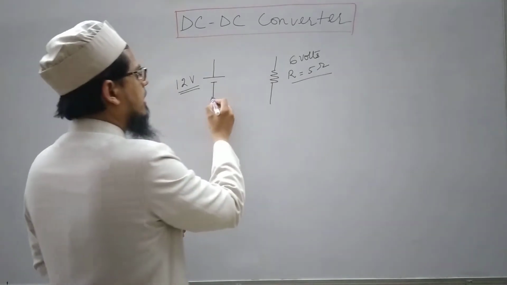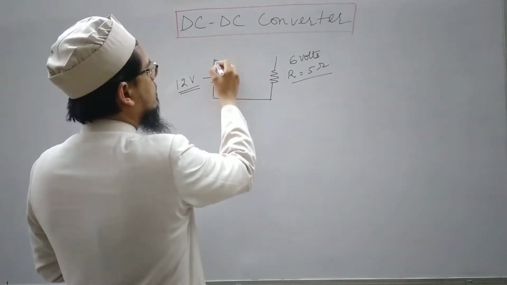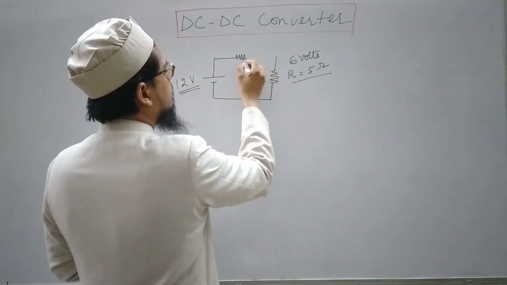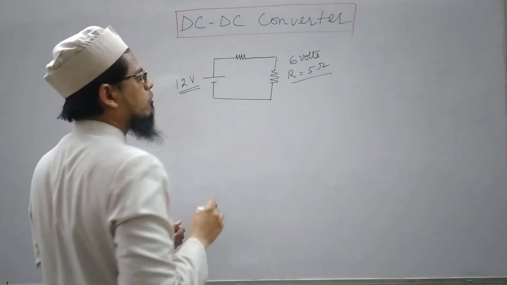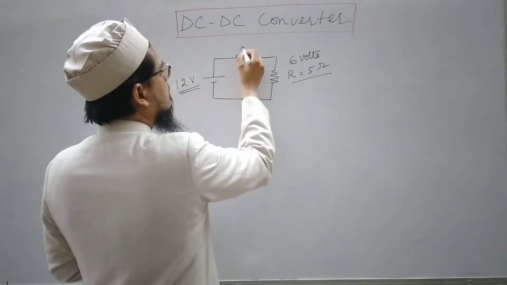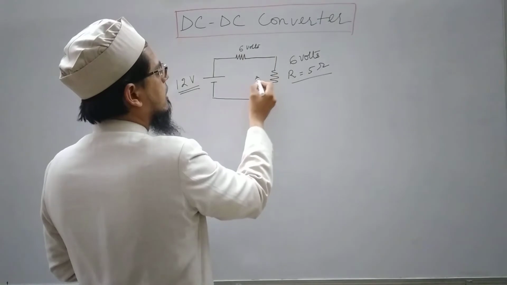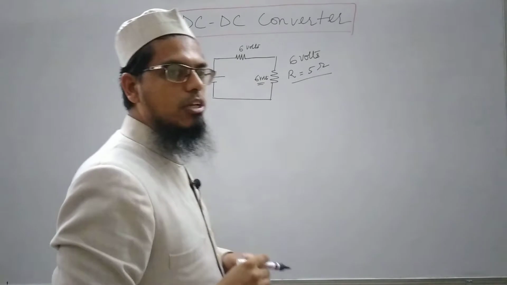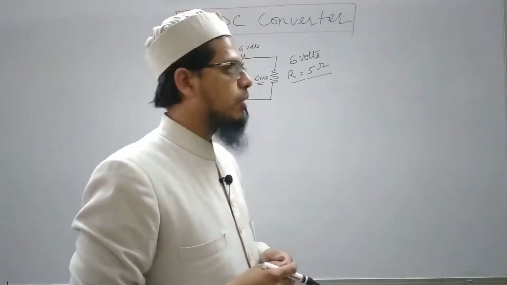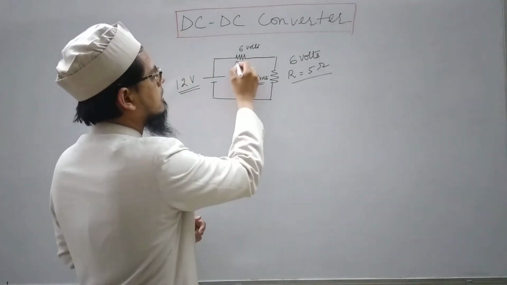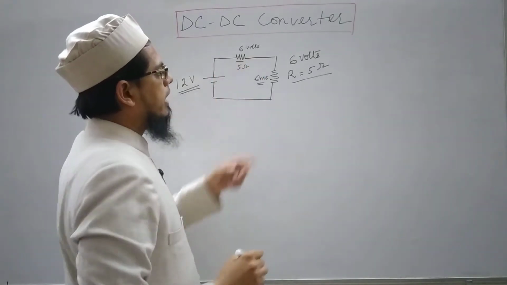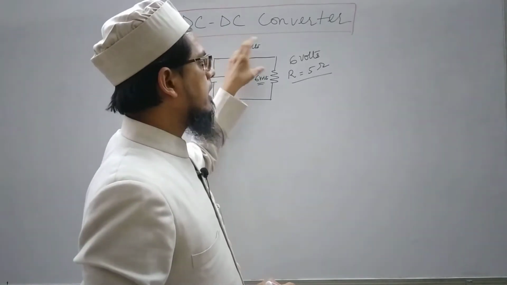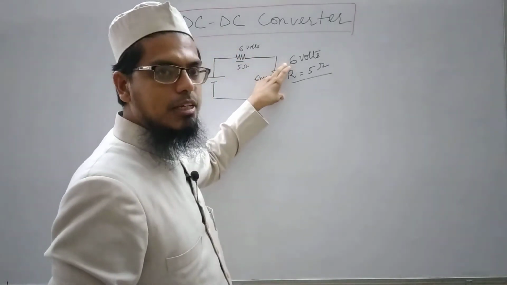One of the options is that we use again a resistor and drop 6 volts here, and the remaining 6 volts will be dropped here according to Kirchhoff's voltage law. So if I am taking this resistance as 5 ohm, and this is also 5 ohm, then definitely 6 volt will be dropped here, and the remaining 6 volt will be dropped here, because the sum of the two has to be 12 volts.